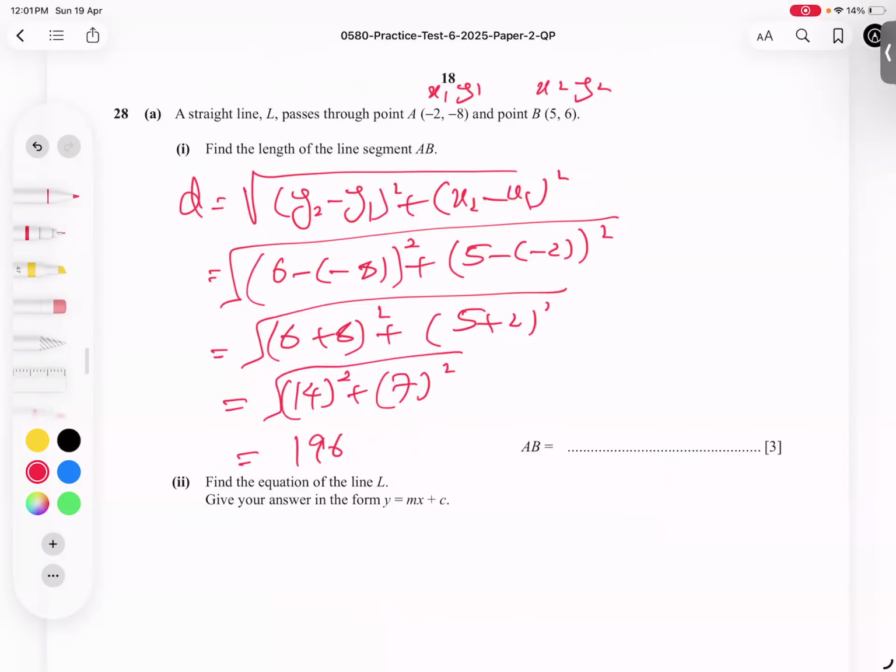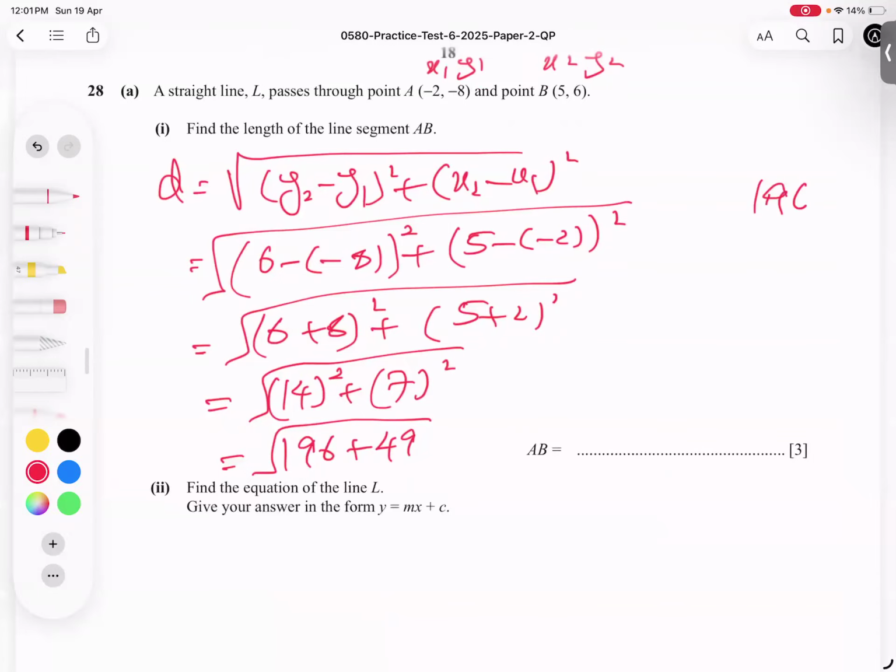Here 196 and here 49. 6 plus 8 is 14, 5 plus 2 is 7, correct. Okay, 196 and 49. If I add, I get 245.